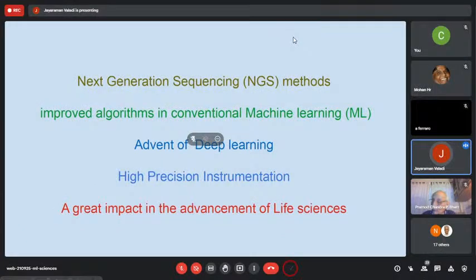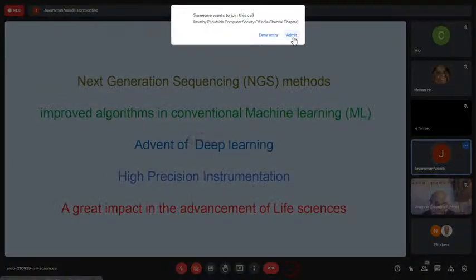In this webinar, I'm going to provide initially a small introduction to machine learning and bioinformatics, so that this lecture addresses all sorts of people with very little knowledge of both ML and bioinformatics. After the introduction, I will briefly discuss some of the applications.